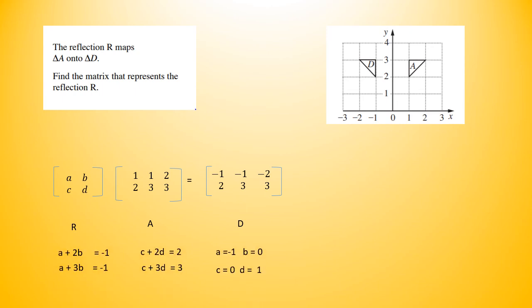We use basic matrix multiplication and solve simultaneously to find the elements a, b, c, d, which are -1, 0, 0 and 1.